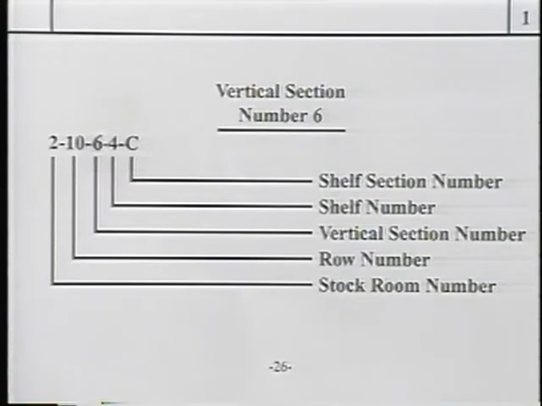You'll notice that each one of those location identities is separated by a dash. And my advice is to separate those by a dash even when you mechanize, that is when you computerize, because it's real easy for people to read those data elements. When you jumble them together, you don't know whether a bin location is 1 or whether it's 11.